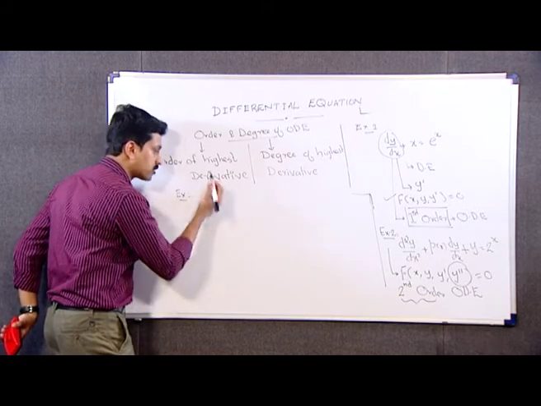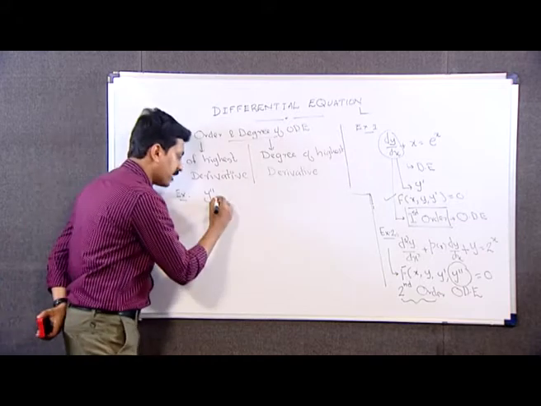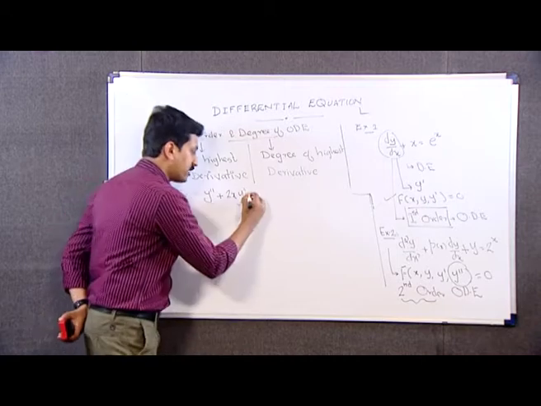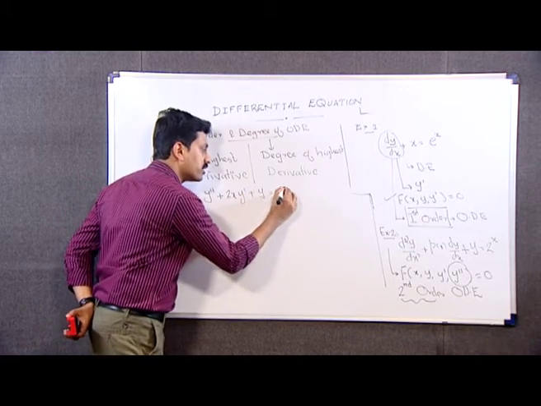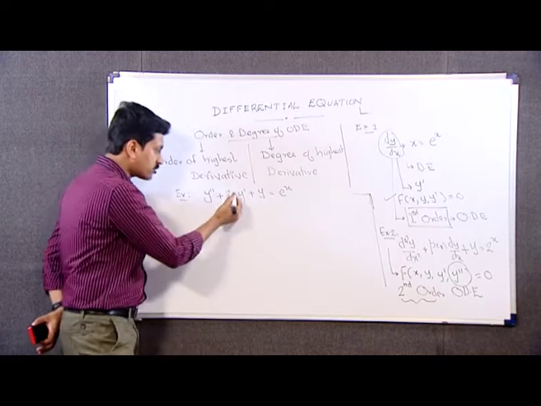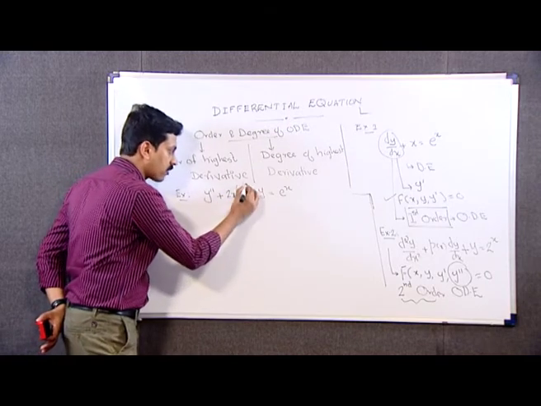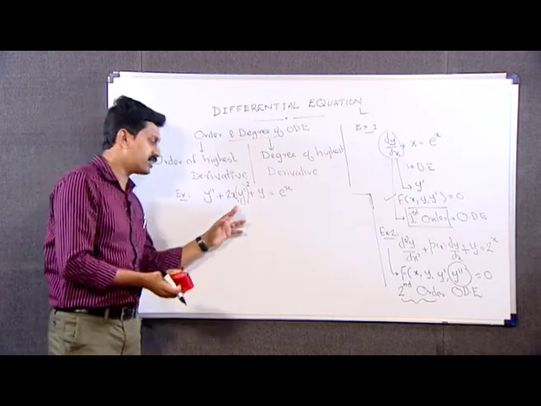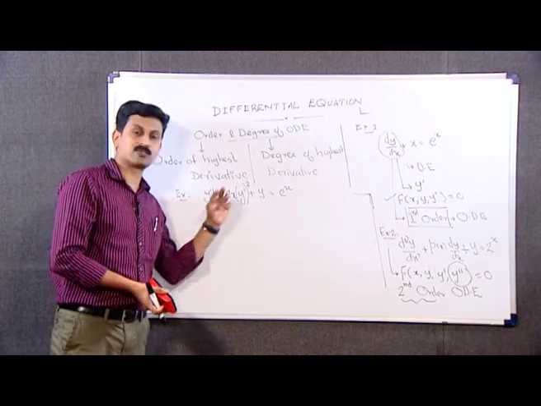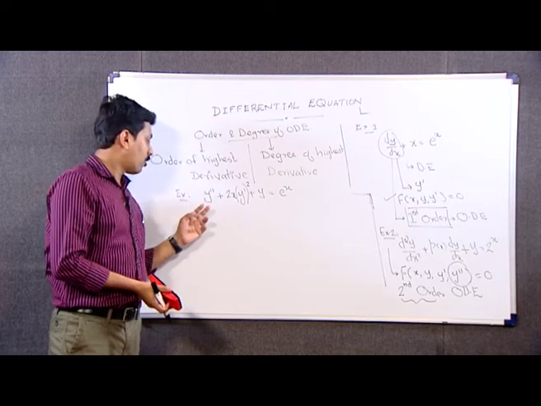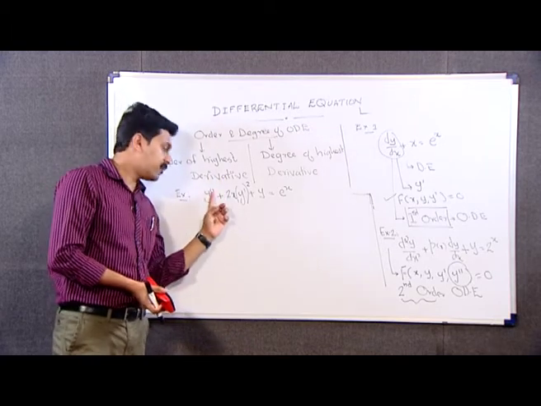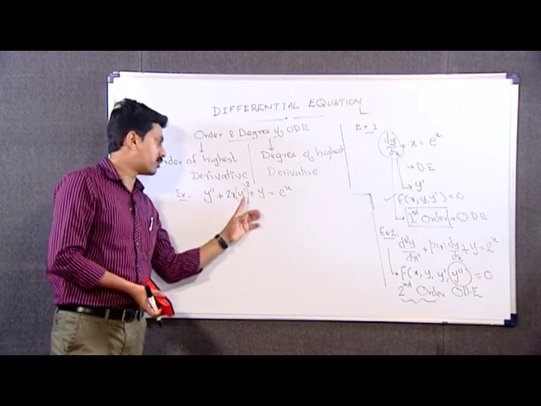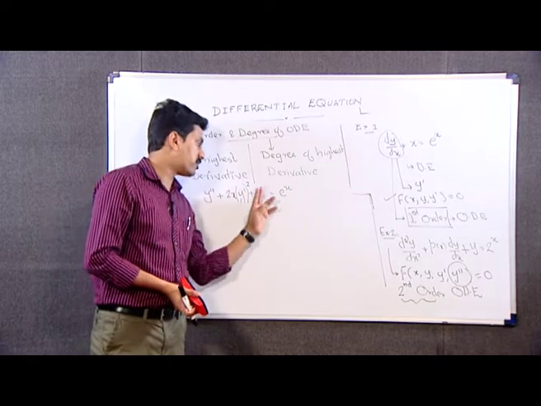Simply I write in terms of y double dash plus 2xy dash plus y equal to e raised to x. I like to make a change here. Instead of y dash, I like y dash square. See, all powers: in y double dash the power is 1, in y dash the power is 2, and in y the power is 1.